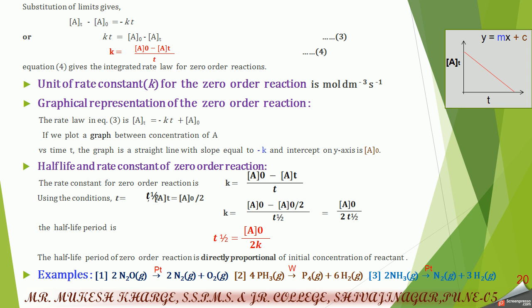Okay, if we multiply the equation with a negative sign, we get minus At plus A0, which is equal to plus kt. So you can write kt is equal to A0 minus At. If we transfer t to the right hand side, k is equal to (A0 minus At) upon t. This equation number 4 is nothing but the integrated rate law for zero order reaction.